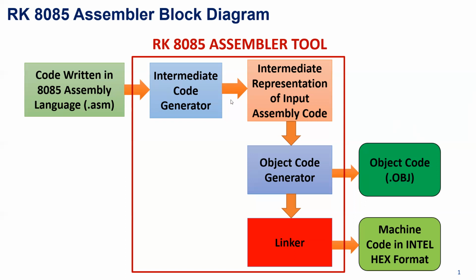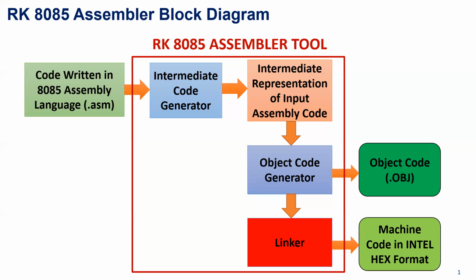The main task of this tool is to convert your assembly code into some intermediate representation, because in your assembly language you can use symbolic representations, and also you can use loop labels, all of these very high level things. There are also some assembly directives like ORG (origin), EQU (equate), DB (define byte), DW (define word), all of these.